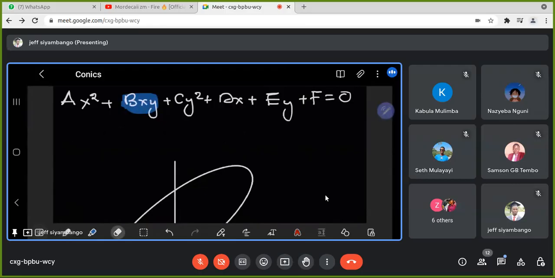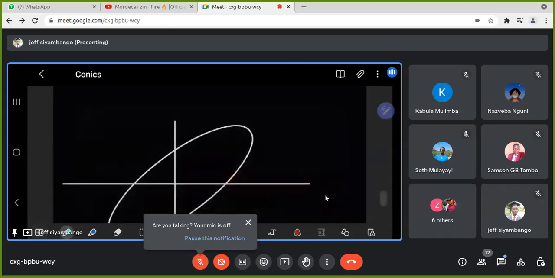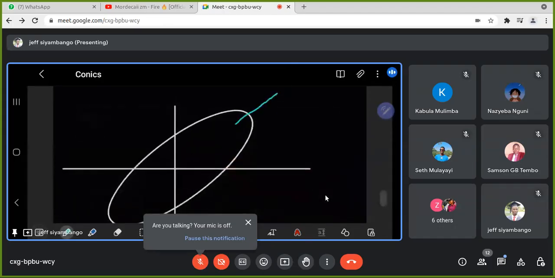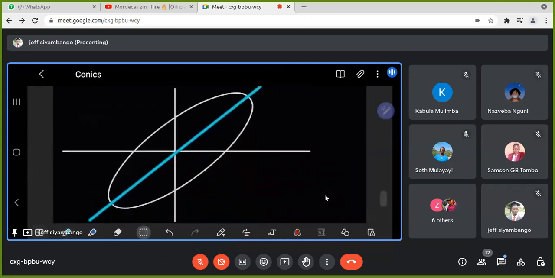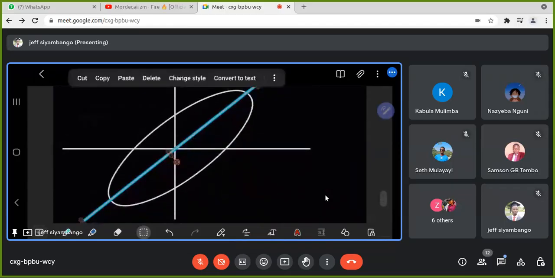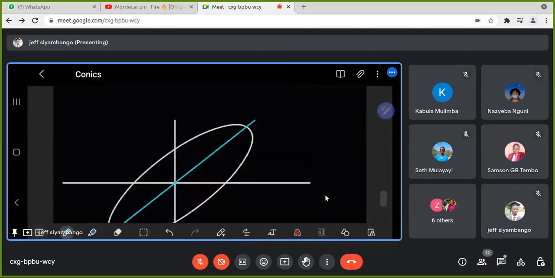We just translate the axis so that instead of looking at it like that, we now consider it about a new x-axis, and this new x-axis will run in that manner. So this is how the rotation of axis works. You now consider the same ellipse, but about this new x-axis, and you take this as the x prime axis.